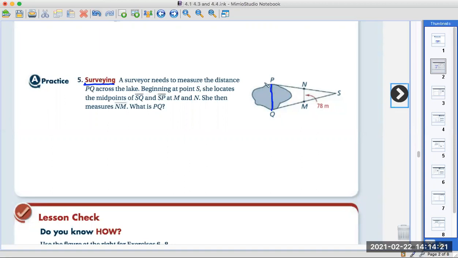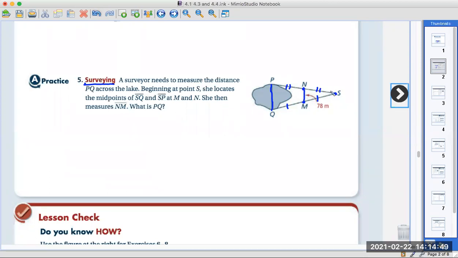So this is your lake. He wants to know how far is it across, too far to measure. Beginning at point S, she locates the midpoints of SQ. So there's the midpoint of SQ. So these two are equal. And SP, so there's the midpoint of SP. So these two are equal. So this is your midsegment, okay?